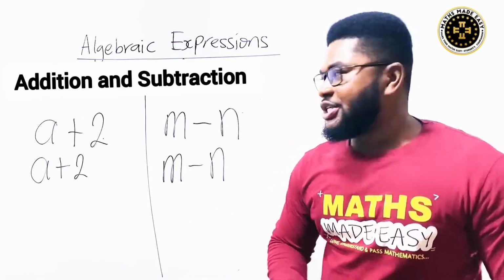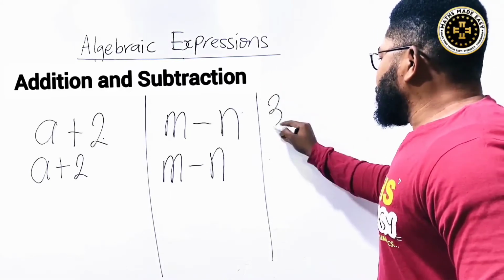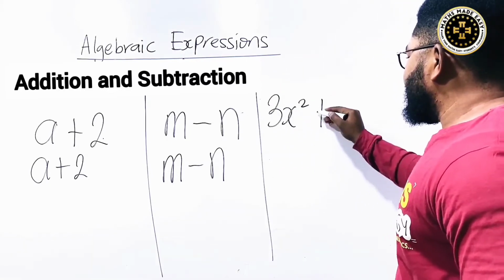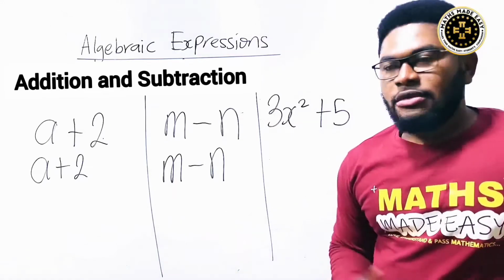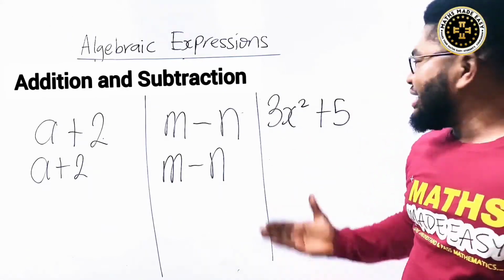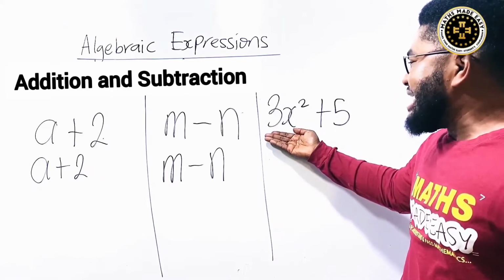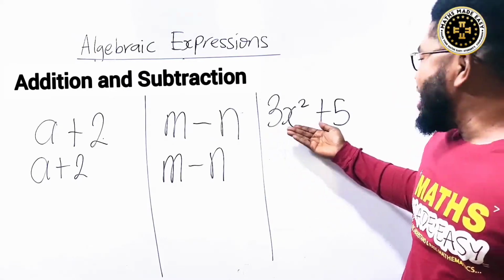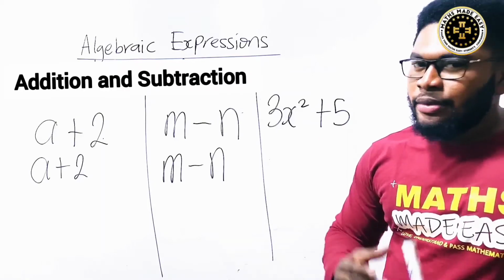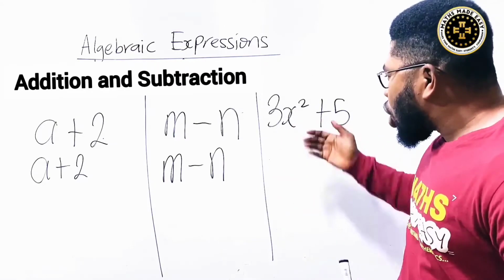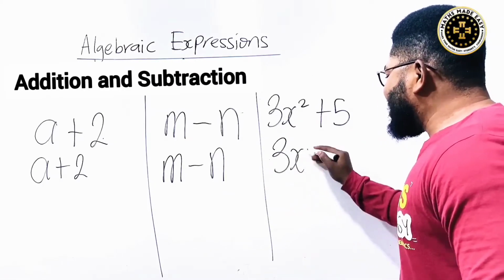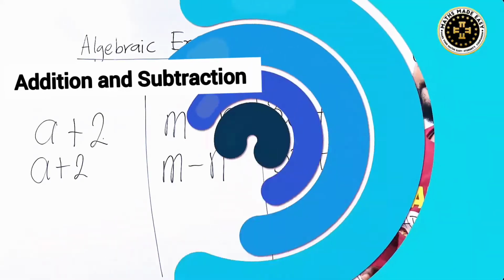Let's take a final question. 3x squared plus 5. In this case, the variable is x squared. 5 has no variable. So we are talking about a term with a variable and a coefficient against a constant term. They are not like terms, so the answer will continue to be 3x squared plus 5.